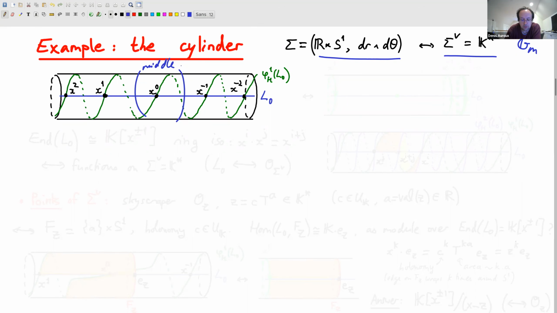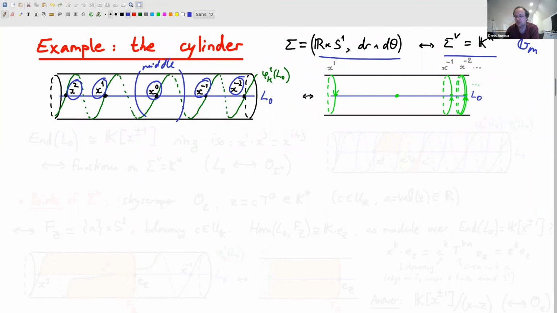And as the Lagrangian gets wrapped around itself many, many times, you get infinitely many intersection points that I will label x0, x1, x2, and so on to the left, and x minus 1, x minus 2, and so on to the right. If you prefer not to perturb the Lagrangians, these are just chords near either end of the cylinder that rotate around the cylinder in the theta direction a certain number of times and go from L0 back to itself.